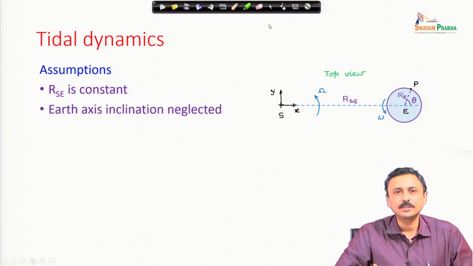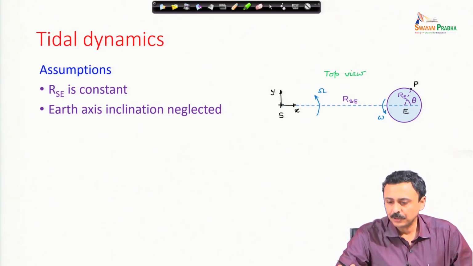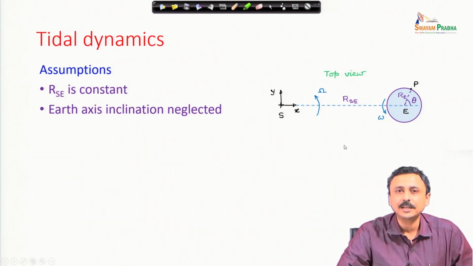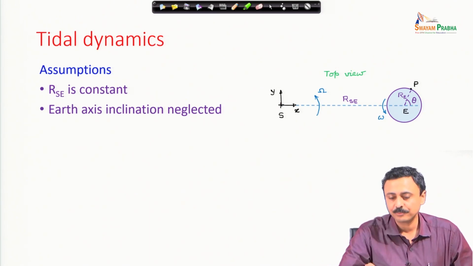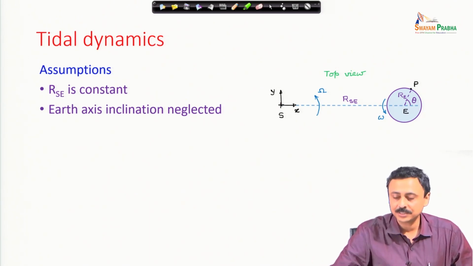The second assumption that we will make is that Earth's axis of inclination, which is roughly 23.4 degree, is neglected. In view of that, this figure that I have drawn is the top view seen from the north pole, from much above the north pole from a great distance. We are seeing both the sun and the earth. I have marked the sun as a point, and earth I have drawn as a circle.